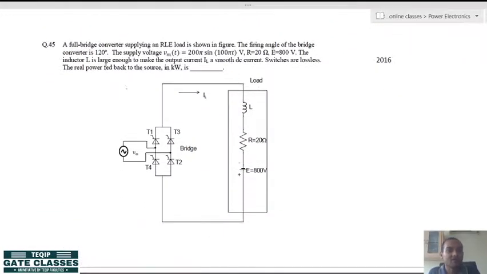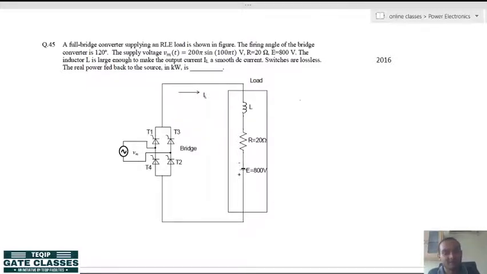Now again coming to the next question: a full bridge fully controlled rectifier is supplying an RLE load as shown in the figure. The firing angle of the bridge is given. This question has also been done.